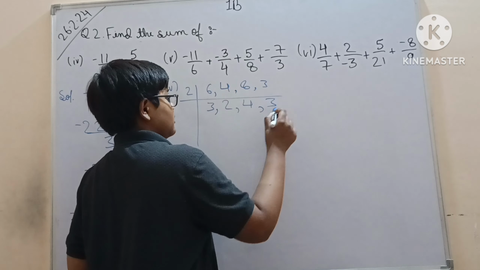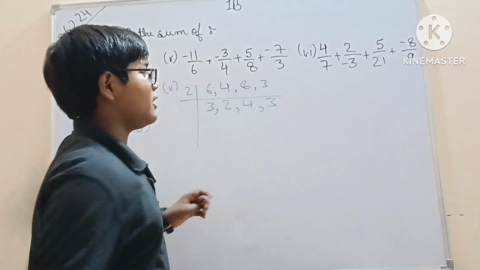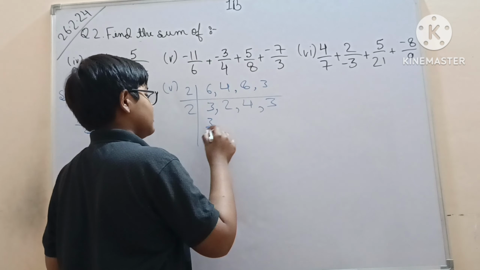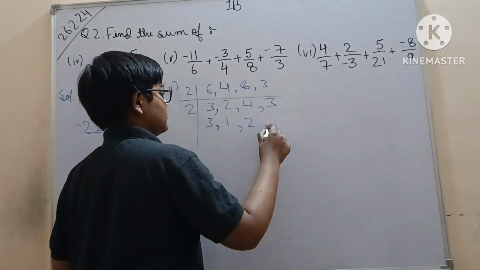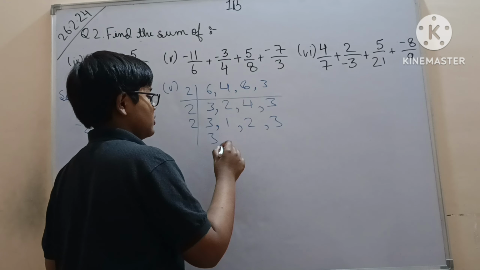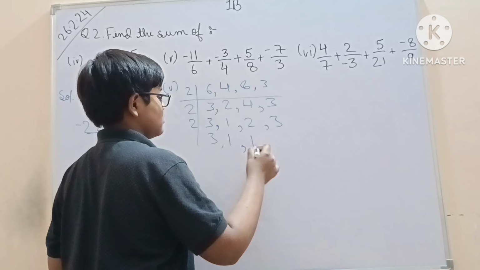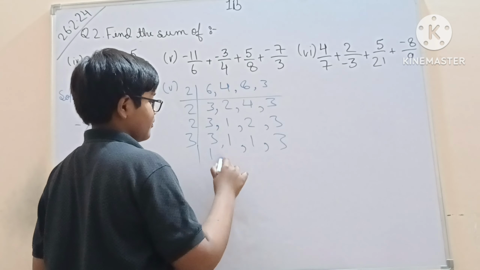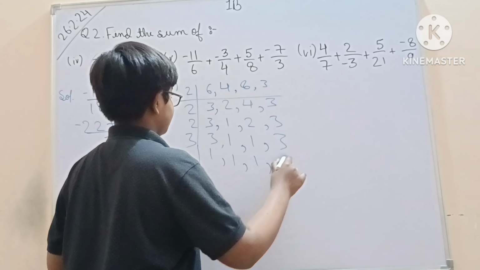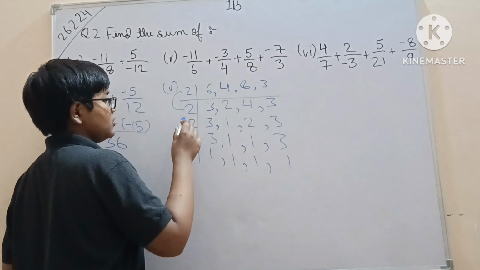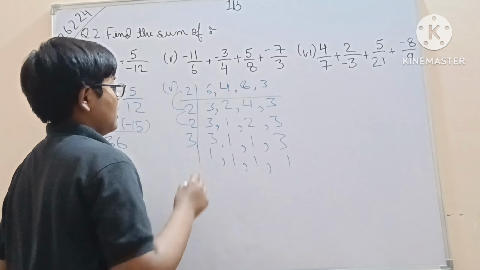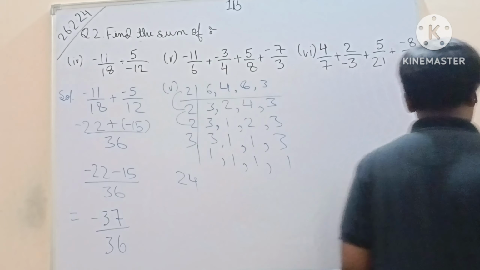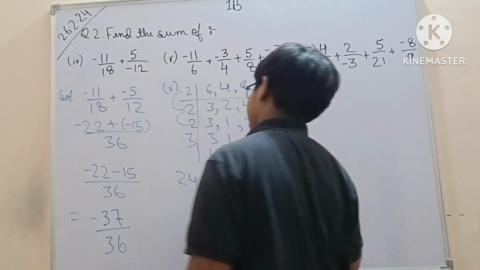So we will divide by 2 and the remaining numbers would be carried down because they are not divisible by 2. Again we will repeat because there is a 2 remaining here. Now we will divide by 3. So 2 multiplied by 2 is 4, 4 into 2 is 8 and 8 into 3 is 24. So 24 is the LCM of 6, 4, 8 and 3.